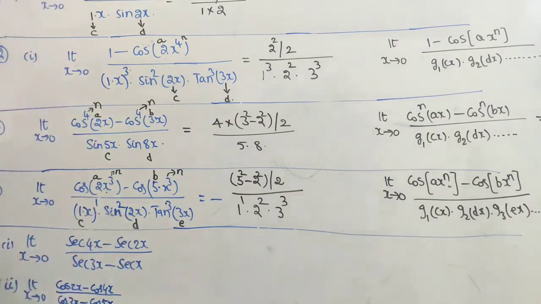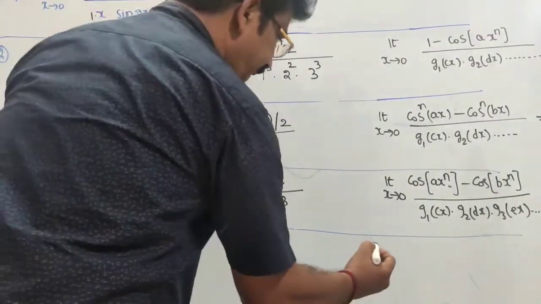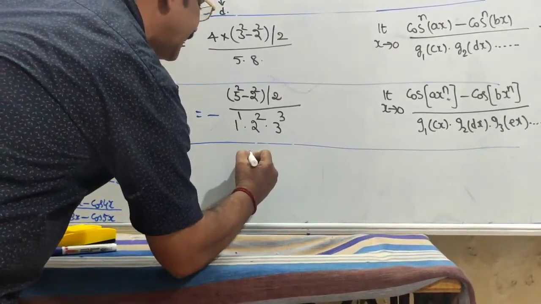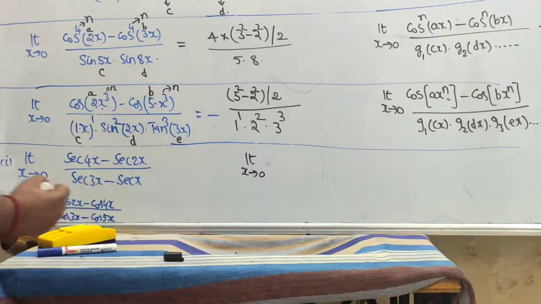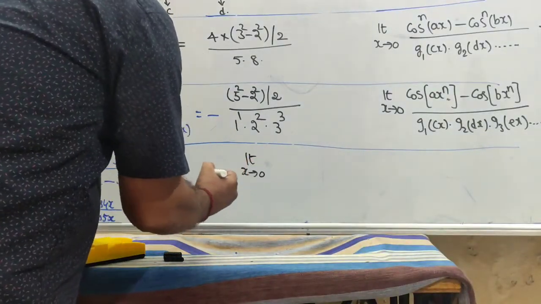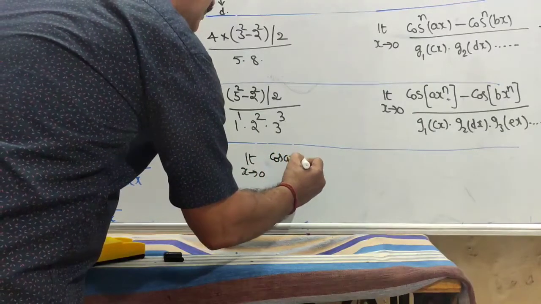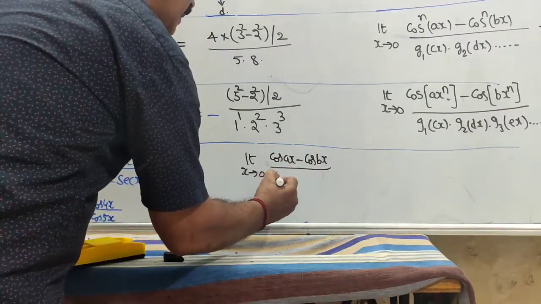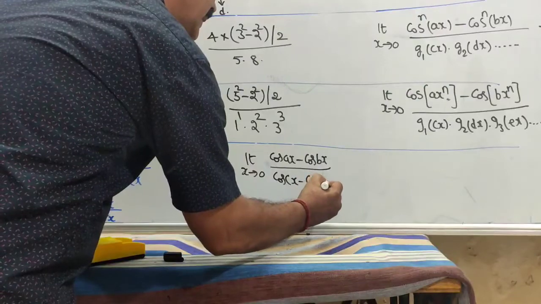Next, here you come to question number 5. For this the shortcut is limit x tends to 0. We will follow this. X tends to 0, cos ax minus cos bx divided by cos cx minus cos dx.